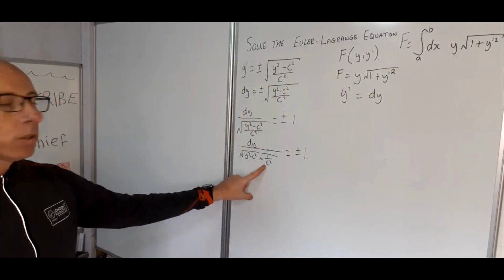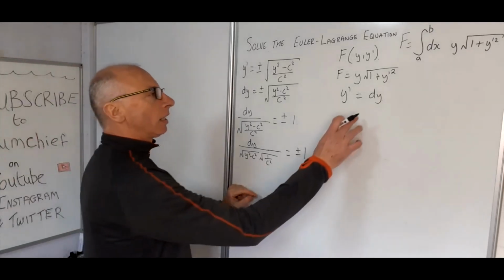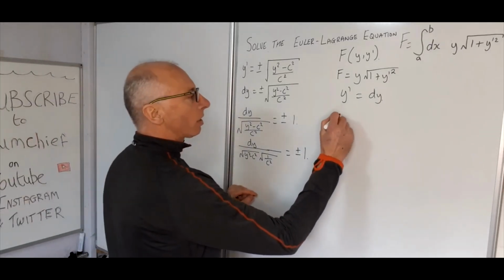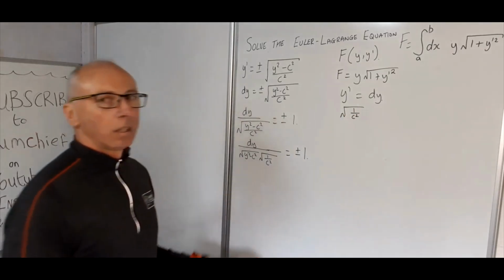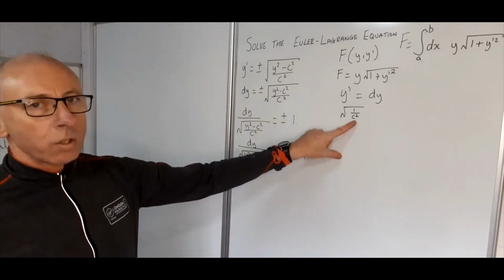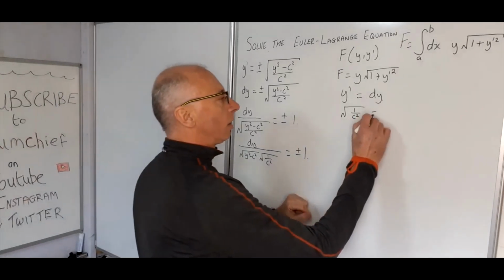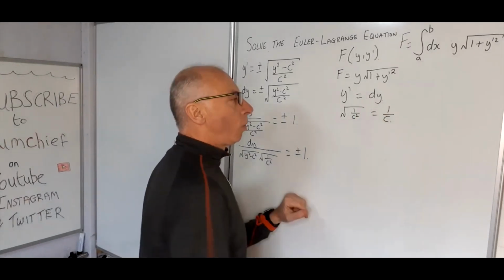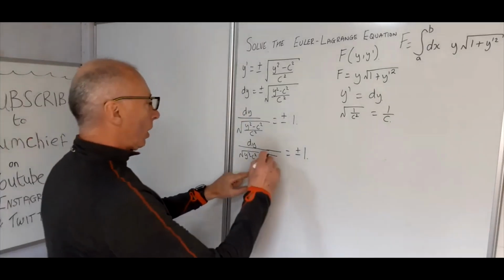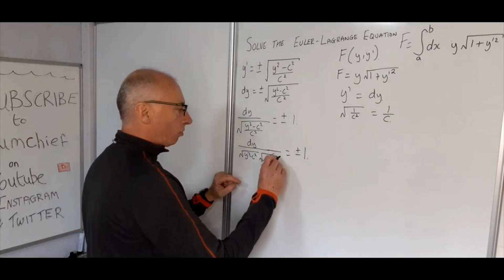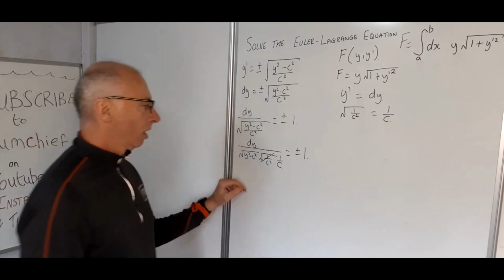Now this square root of 1 over c squared, let's just take care of this over here and see exactly what's going on. 1 over c squared. Well, if we take the square root of that, we're just left with 1 over c. So this here, we'll just cancel this out and just write 1 over c.